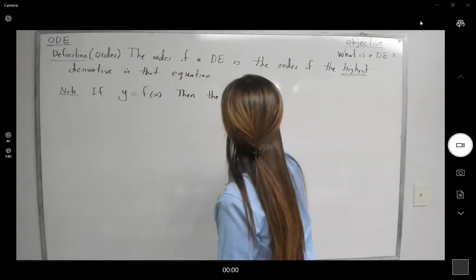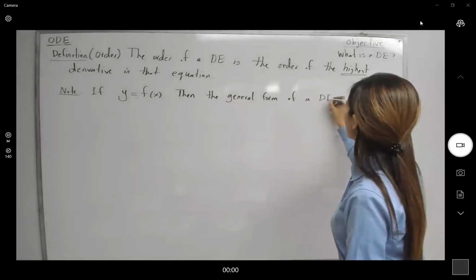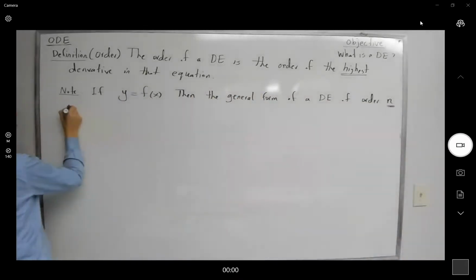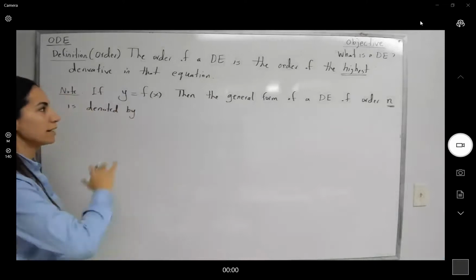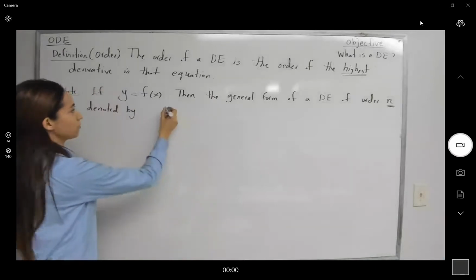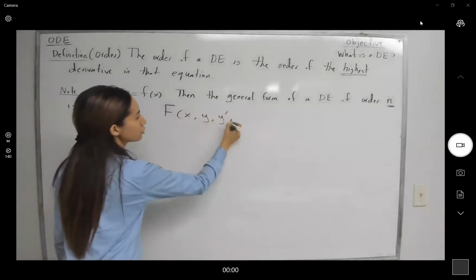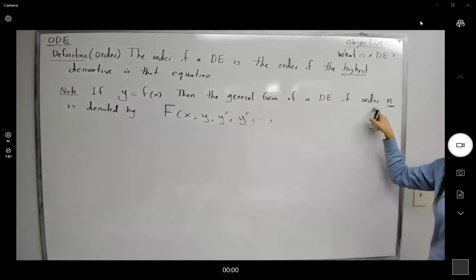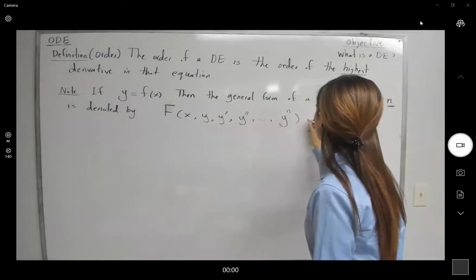the general form, or the normal form, of a differential equation of order n is denoted by, well, in this case, we are connecting x, y, and the derivatives of y using a relation like F. F of x, y, the first derivative of y, the second derivative of y, and note that since the order is n, it means that the order of the highest derivative of y is n, y^(n) equal to 0.